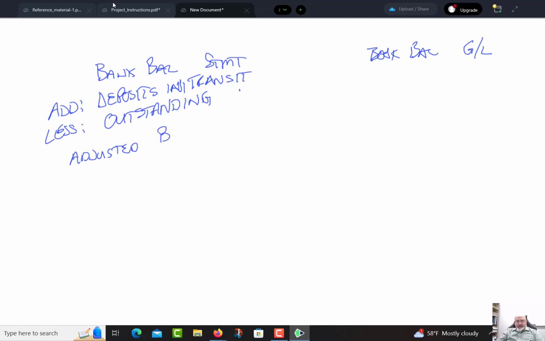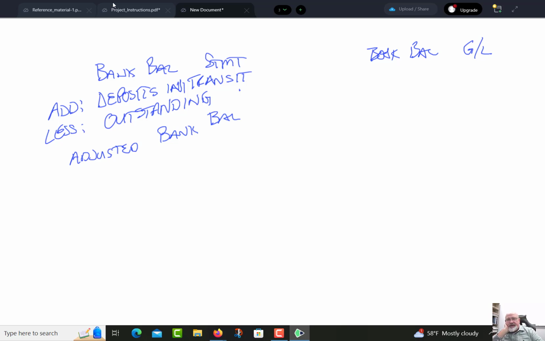So basically with the bank balance, the only thing that we're going to adjust are for these transactions we know we did, but the bank doesn't have those in the statement. Over here on the book side of things, we're basically going to start with the book balance, which we have right here.